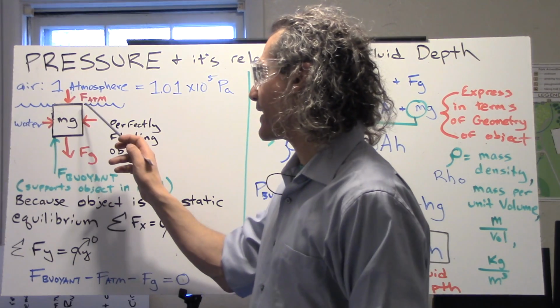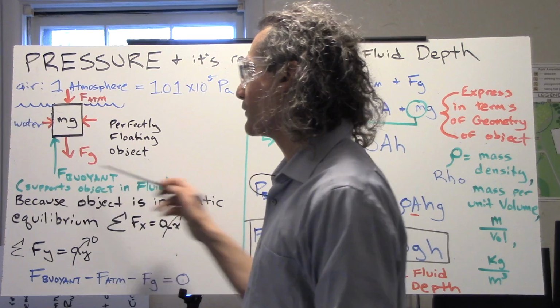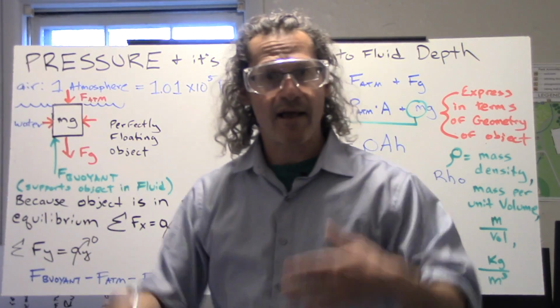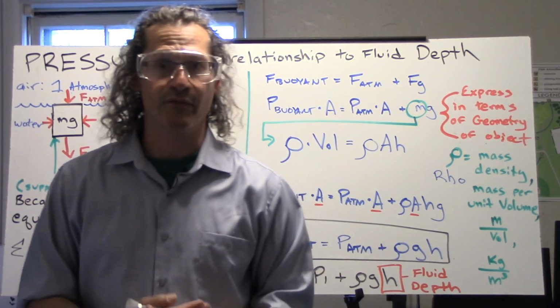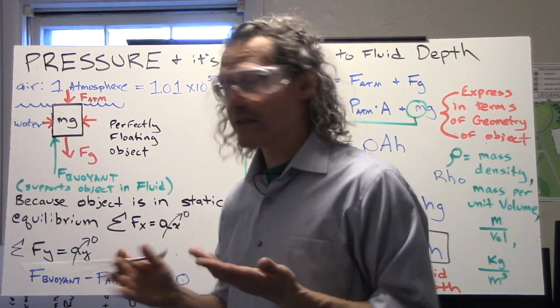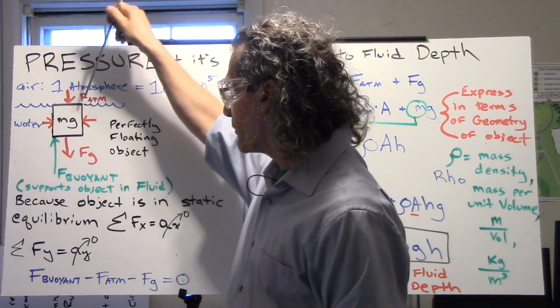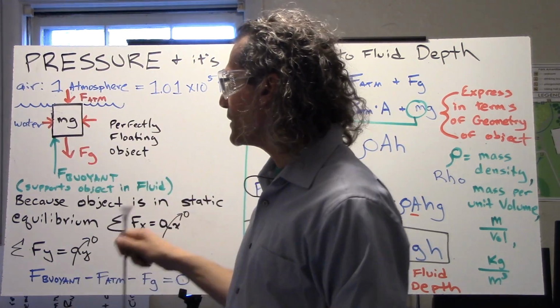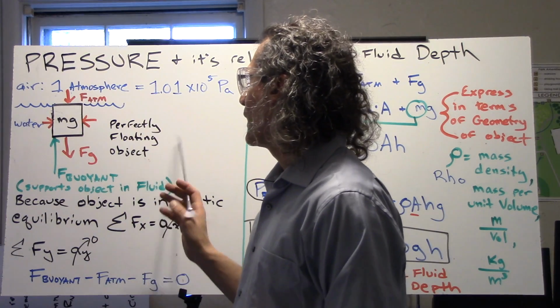That means the deeper this box is, the more the pressure, because pressure becomes greater and greater as we go downwards in a fluid. Yes, you have the initial atmospheric pressure, but then it just depends on how deep you go. It doesn't matter if you go sideways, it's just an up and down situation.